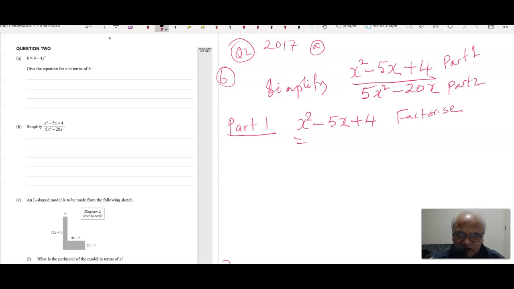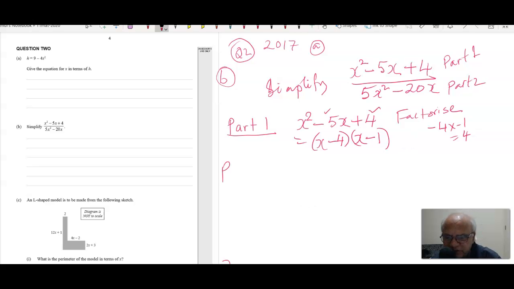I'm factorizing the top. It's a quadratic, so there will be two brackets. X times x will give you x squared, and I can see if I have a negative 4 over here and negative 1 over here, negative 4 times negative 1 will give you positive 4, which is the number at the end. And if I add them together, that will give you the middle number.